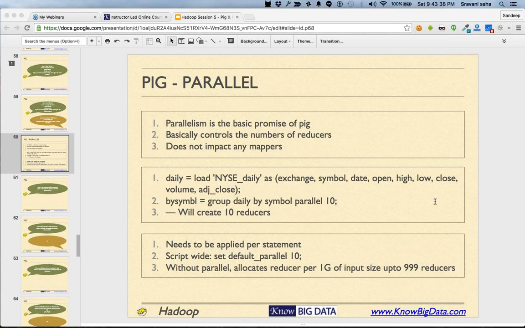So again, we go back to the same point as the beginning, that the number of reducers could go from 0.95 to 1.75 times the total number of reduce tasks possible. And within this range, it is all your gut feeling and a bit of hit and trial. If you observe that your reduce phase is taking too much time, then you go for a bigger number of reducers.